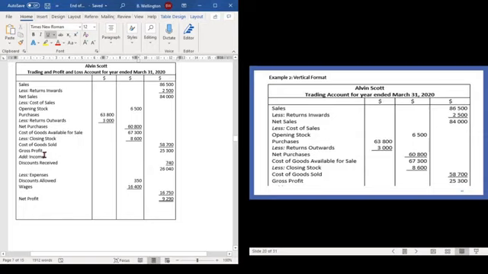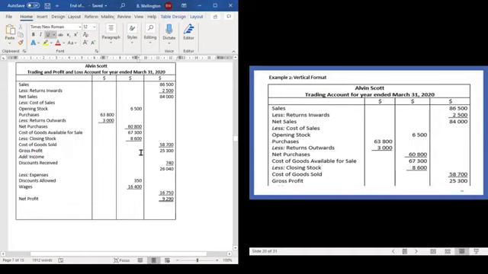Now, your trading and profit and loss account is really two accounts, with the trading account done first, followed by the profit and loss account. Okay, so the top part is your trading account and the bottom part is your profit and loss account. So this is where your profit and loss account would start.